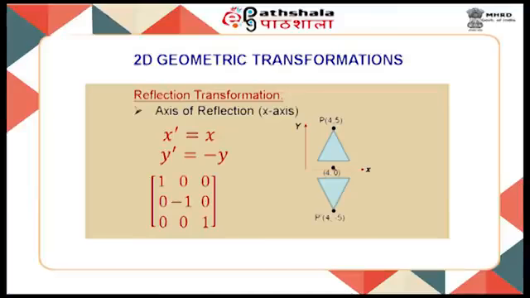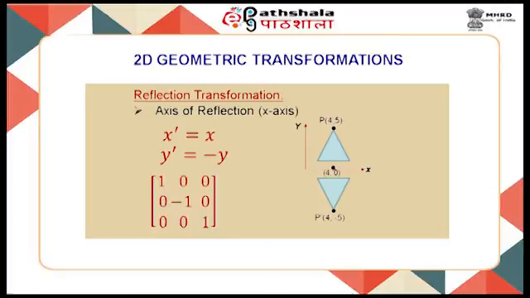If we imagine the x axis to be the axis of reflection, see this example shown here: a triangle is taken as an object, which is to be reflected with respect to the x axis. The triangle has one of its vertices as P (4, 5). When we perform a reflection for this point with respect to the x axis, we get a new position P dashed (4, minus 5).